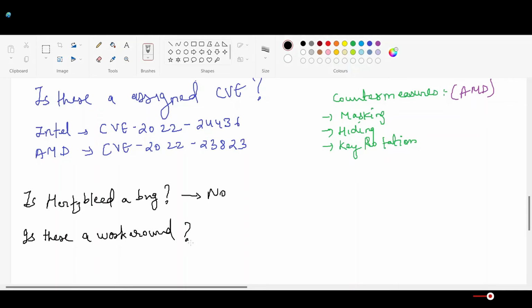But again, this is not a recommended mitigation strategy because it will impact your system performance. This is what the researchers have stated for this attack. So we can say yes, there is a workaround, but it is not recommended by Intel or AMD.